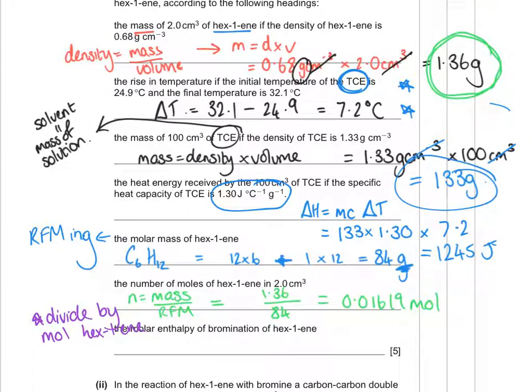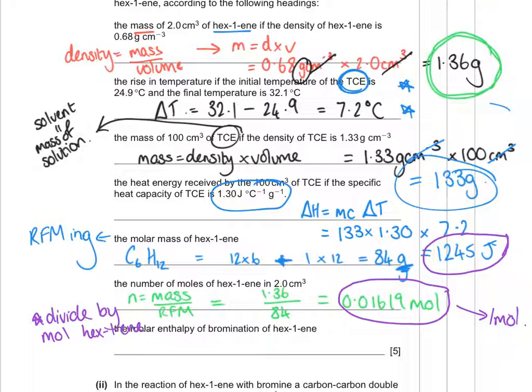Okay, because the energy received is 1245 joules, but that's for 0.01619 moles of hexane.